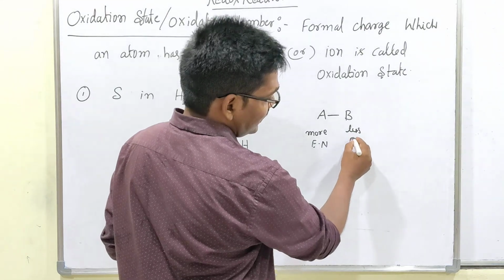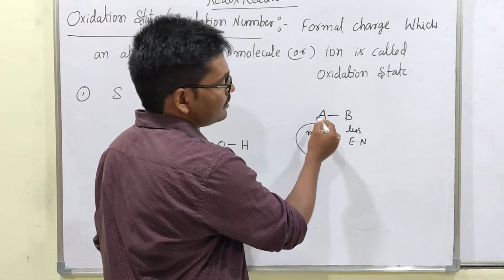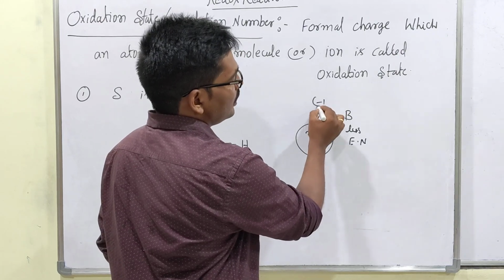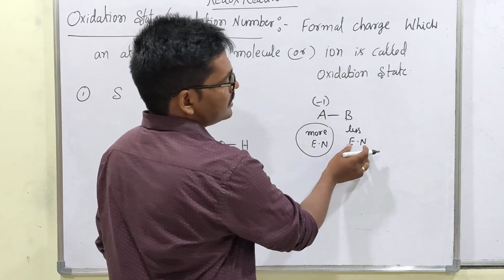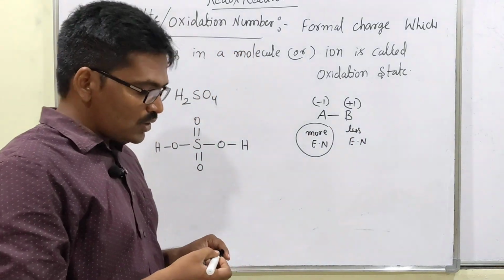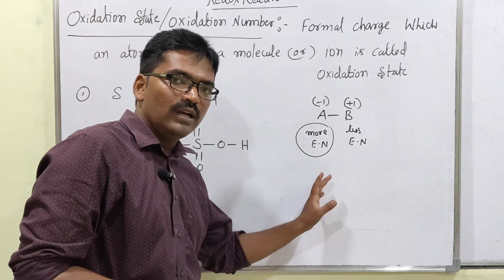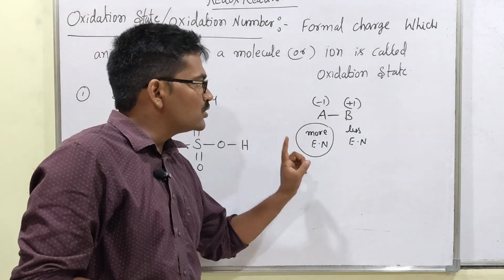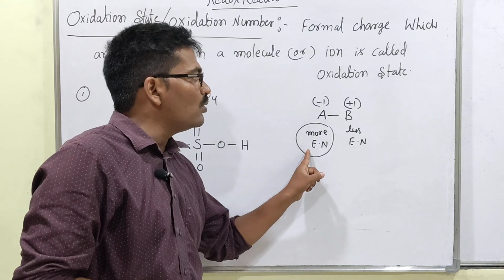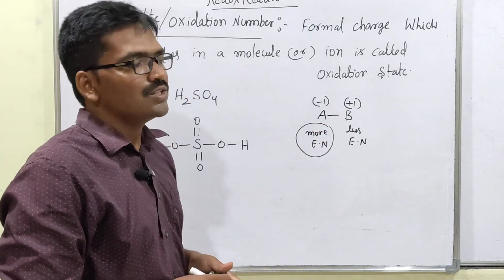On the more electronegative atom you have to represent -1, and on this one +1. So remember, in a covalent bond you have to give -1 for the more electronegative atom, +1 for the less electronegative atom.